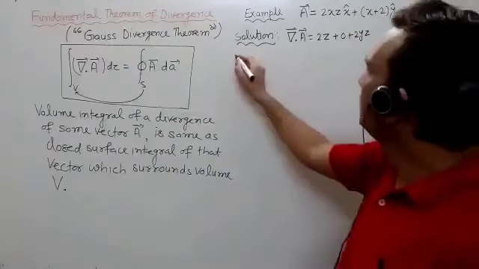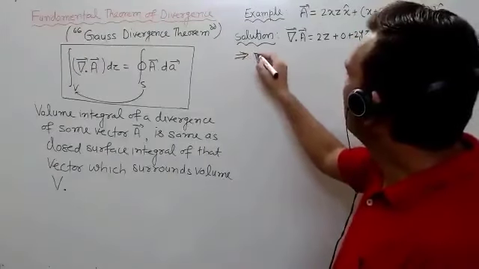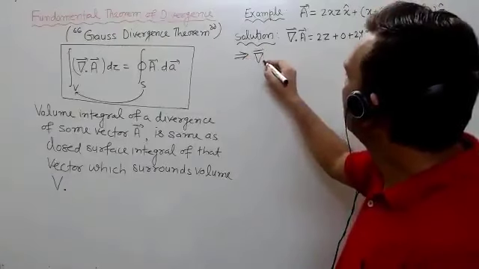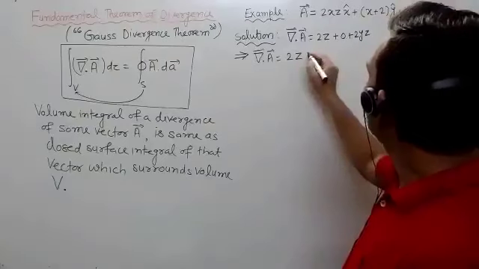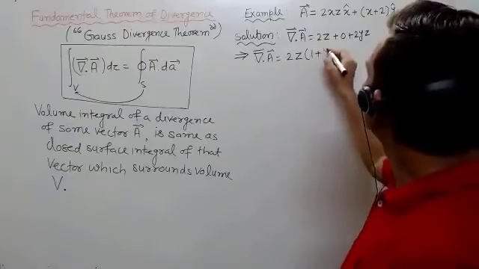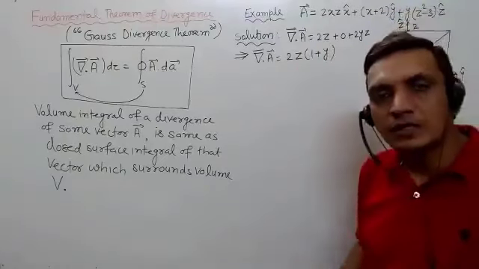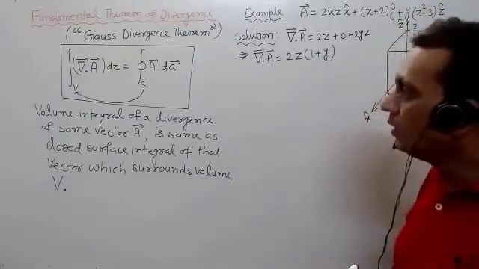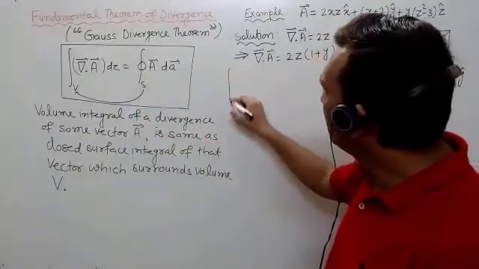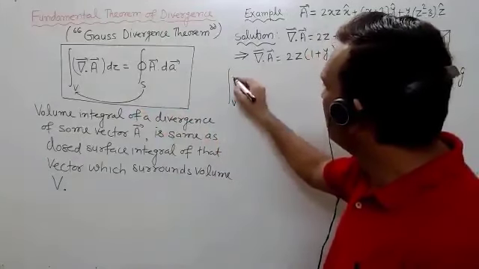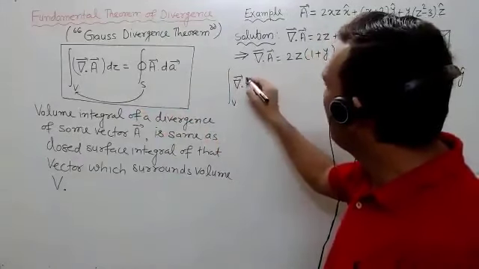So divergence of A is twice Z into 1 plus y. So in volume integral, you have to find volume integral divergence of A d tau.